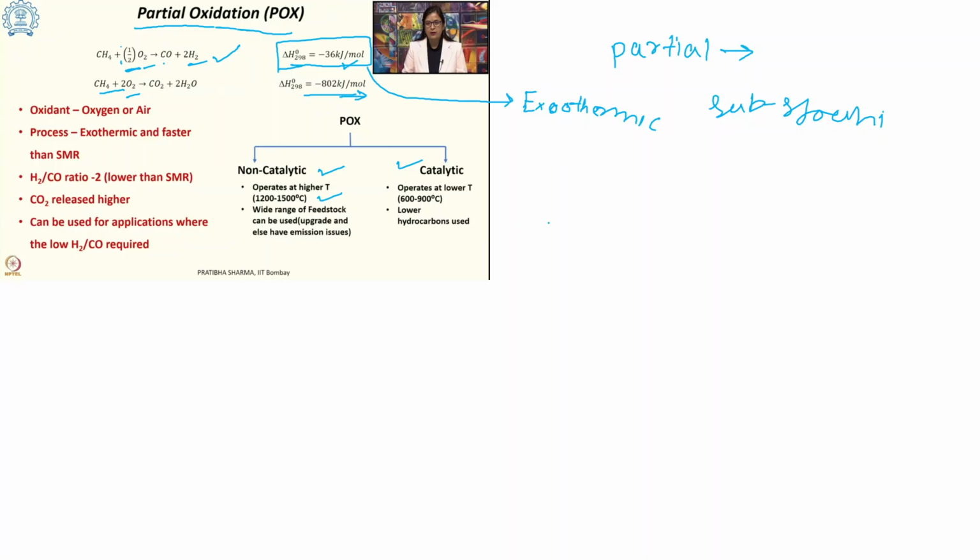The temperature is almost 1200 to 1500 degrees centigrade. For the catalytic process, if we use a catalyst, the reaction temperature will be less, 600 to 900 degrees centigrade. You just remember these things also.